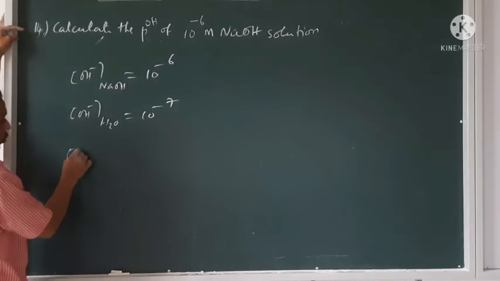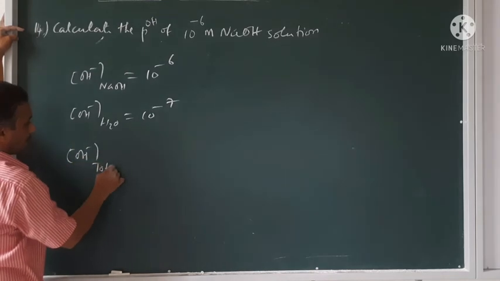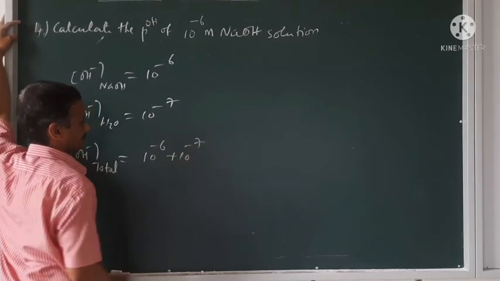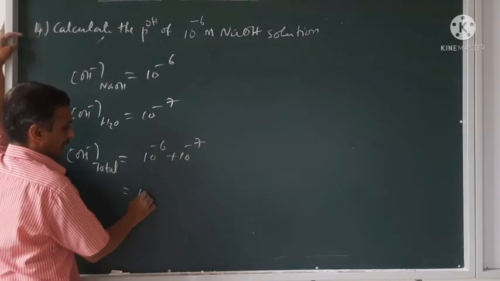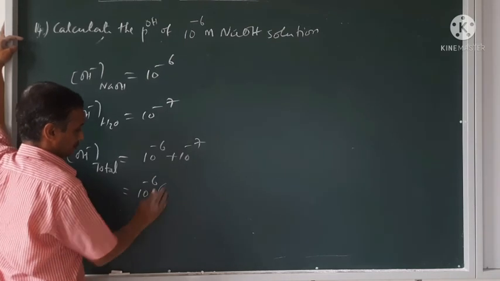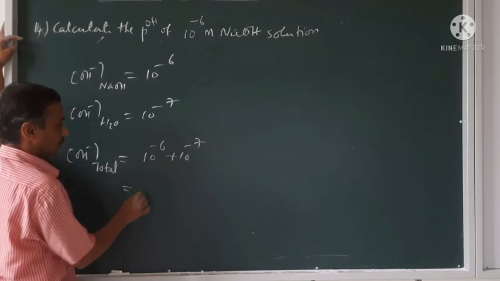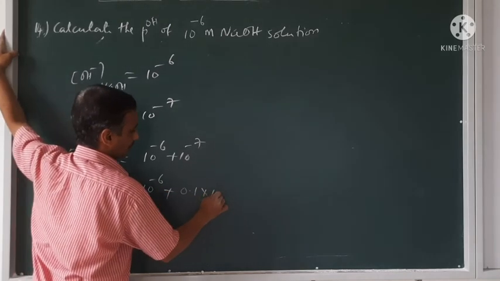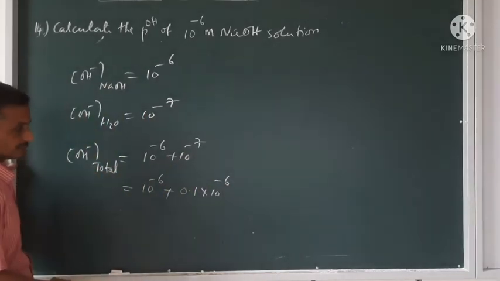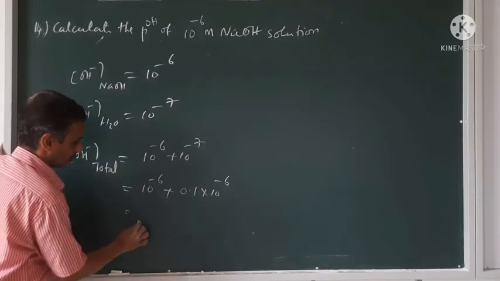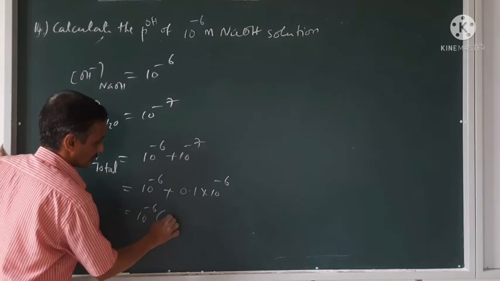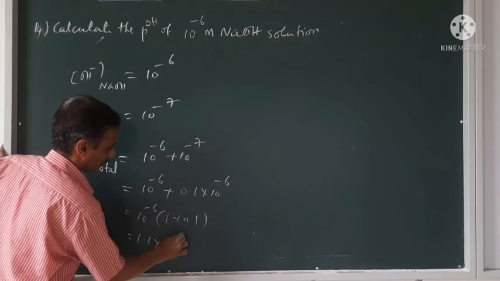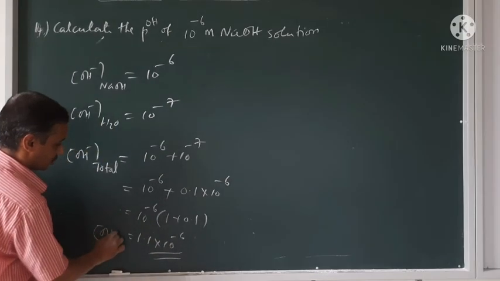Comparable, so OH minus total is equal to 10 to the minus 6 plus 10 to the minus 7, equal to 10 to the minus 6 plus 0.1 into 10 to the minus 6, 10 to the minus 6 common, 1 plus 0.1 is equal to 1.1 into 10 to the minus 6. This is the OH minus total.